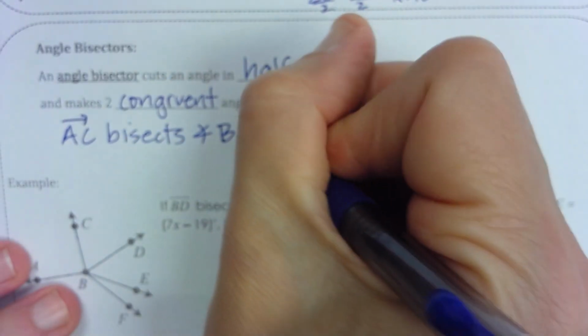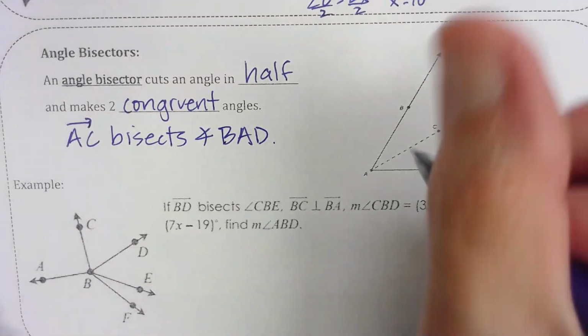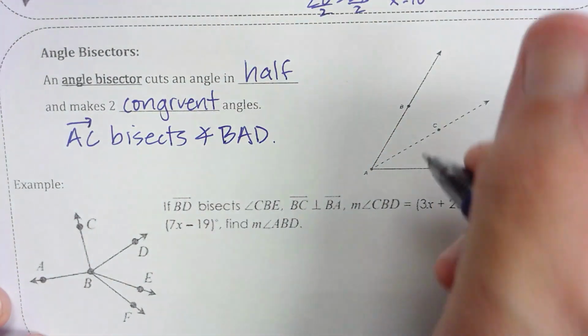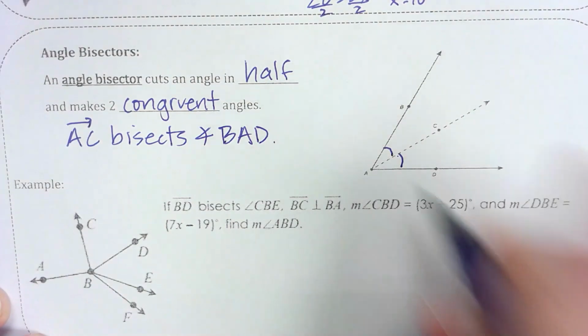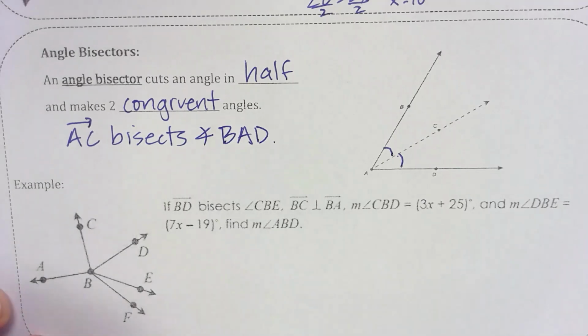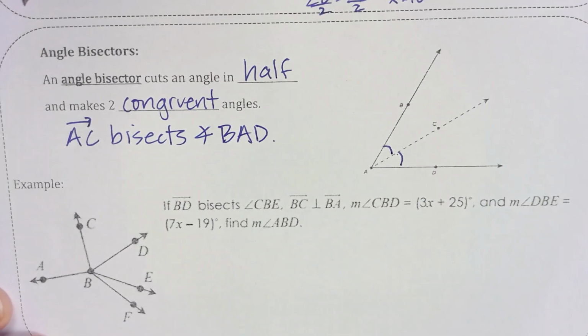And the way that I would mark that in the diagram is to show that these two angles are congruent, I would put the same number of little arcs on them like that. You could either do 1, or you could put 2 or 3. As long as you're consistent, that shows that the two angles are equal, and that's the angle bisector.